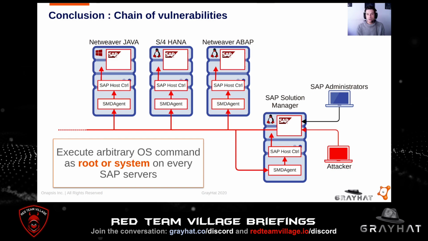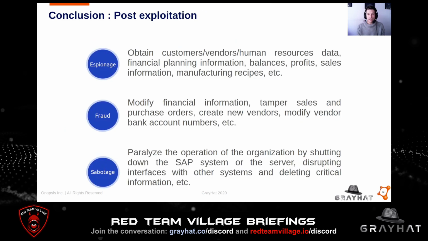So this is a very important attack, and the risk behind it is huge. The post-exploitation is all about espionage, fraud, and sabotage. You can leak everything, change what you want, and of course you can crash the system remotely and halt the system. So this is very important.